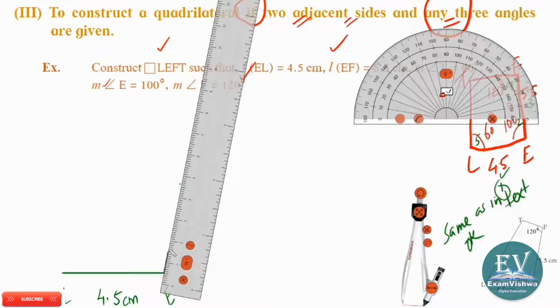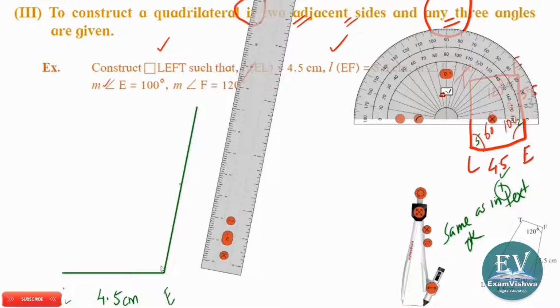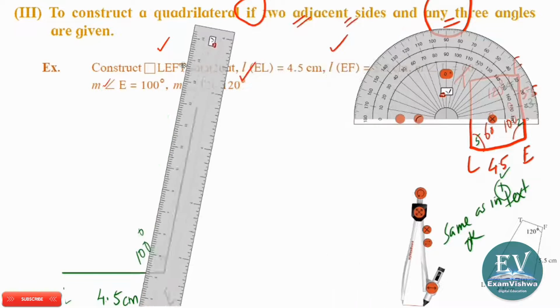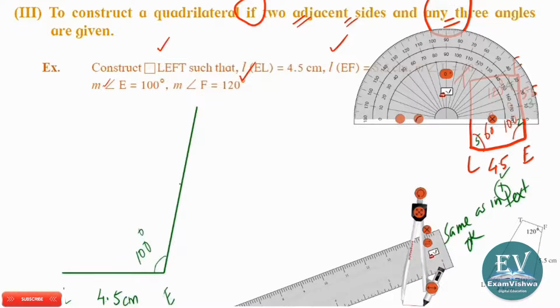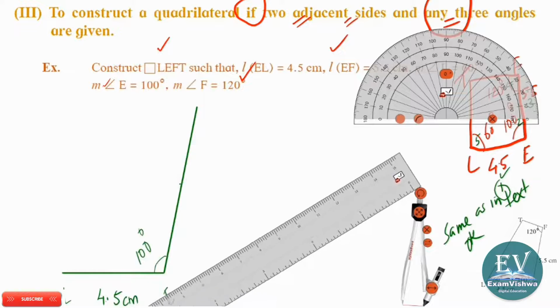Okay, now 100 degree is this angle at E according to the instruction. Next we will be finding out a distance of 5.5 centimeter on that. For that the correct method is drawing an arc.